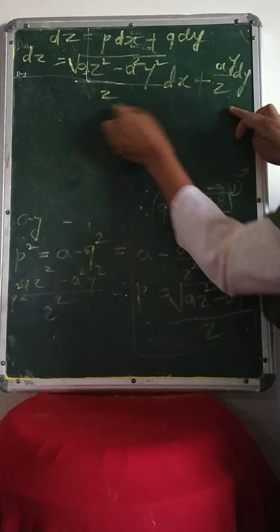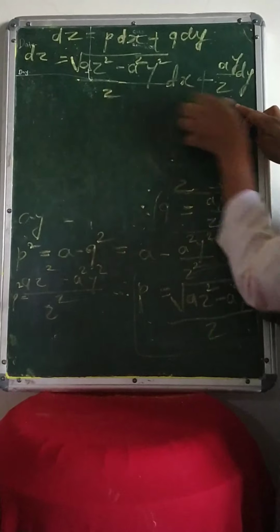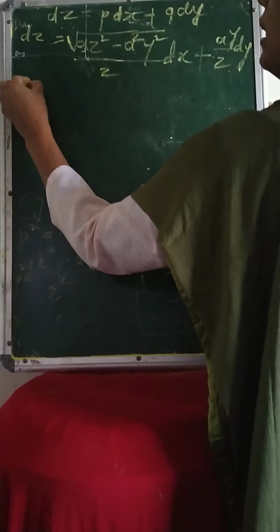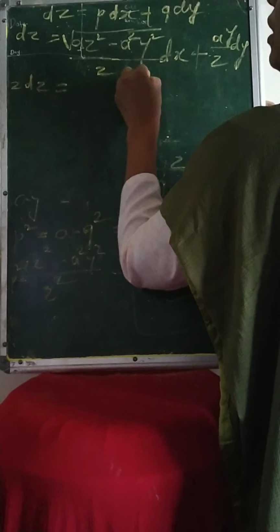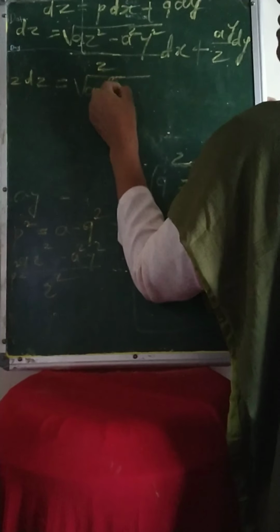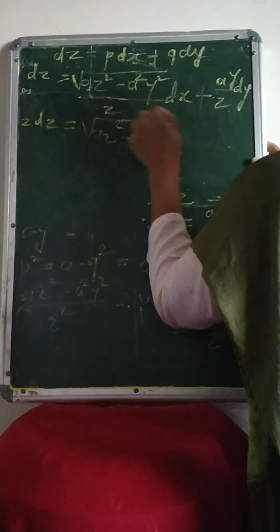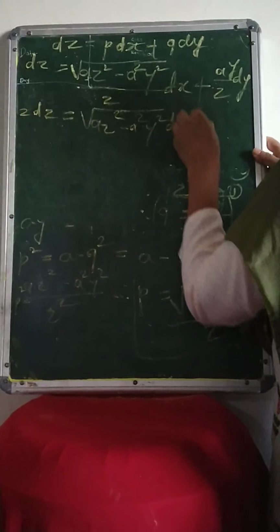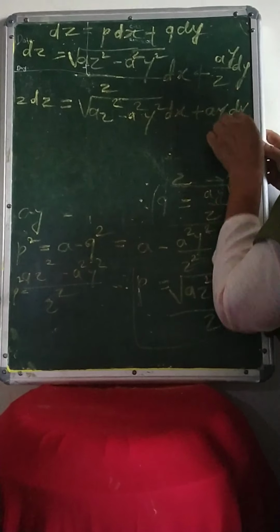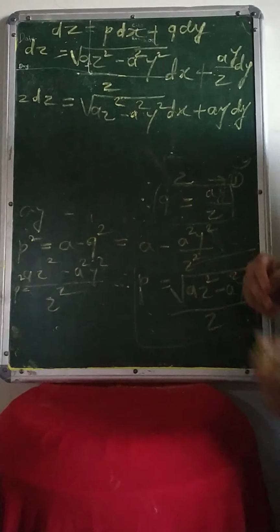Now here we have seen 1 by z is common, so taken out common and transfer to this side. So we get z dz equal to under root of az square minus a square y square dx plus ay dy. Okay.